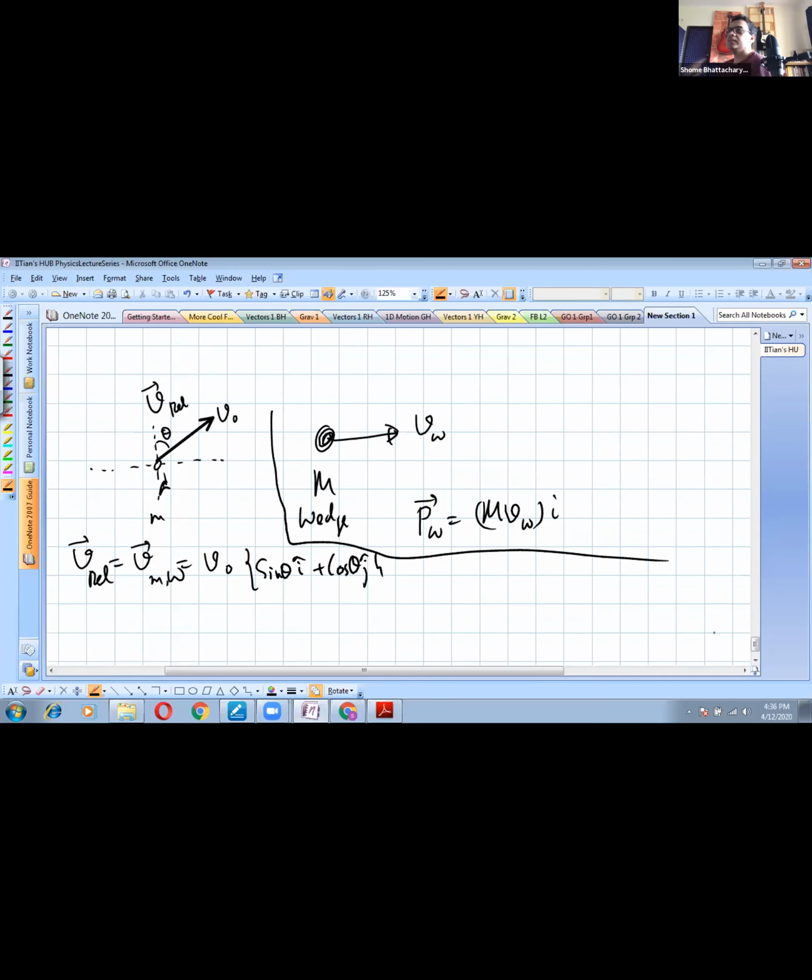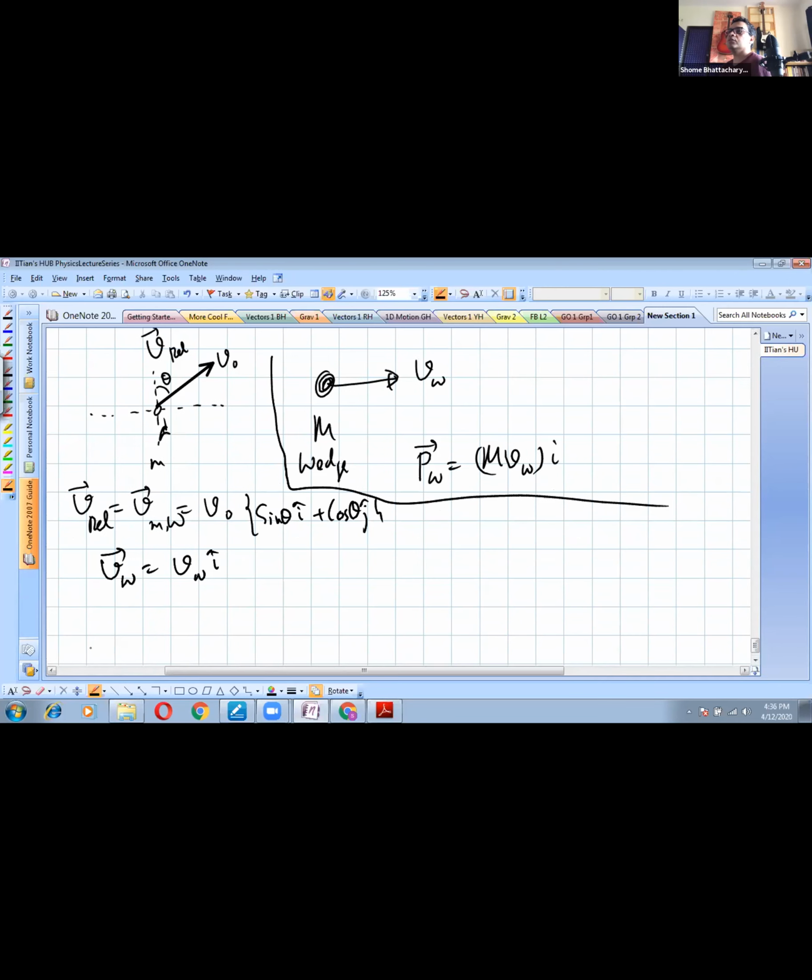So theta is not his angular position with the vertical, it is the angular position with the horizontal. Whereas the velocity of the wedge itself is some VW, which I don't know yet. So in the ground frame, the velocity of the person will become the relative velocity plus VW.